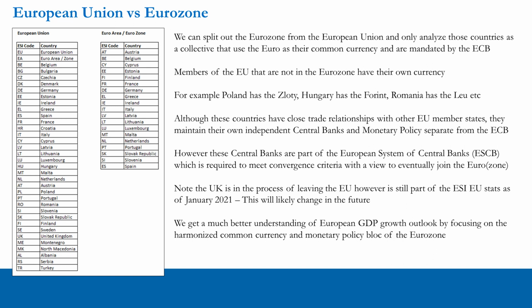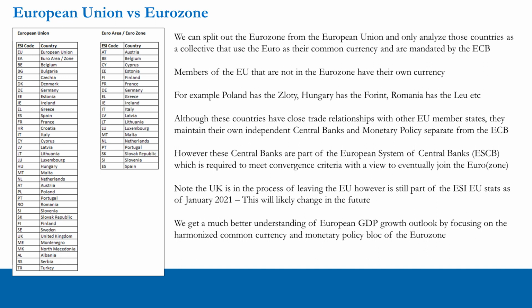Members of the European Union that are not in the Eurozone have their own currency. So, for example, Poland has the zloty, Hungary has the forint, and Romania has the leu. Although these countries do have close trade relationships with the other European Union states, they maintain their own independent central banks and monetary policy that is separate from the European Central Bank.